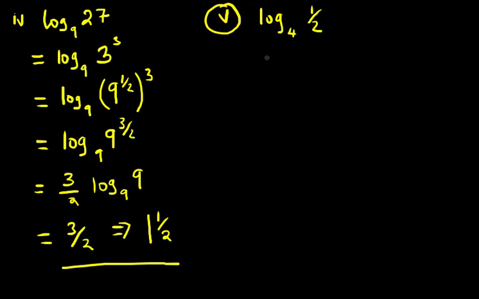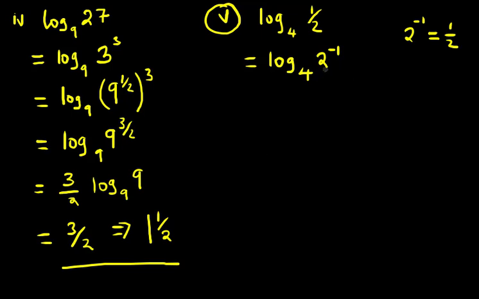This is all about rewriting it in a way that will favor us to simplify it without using a calculator. So this is the same as 2 raised to the power negative 1, because remember 2 raised to the power negative 1 is the same as 1 over 2, because it's the inverse.